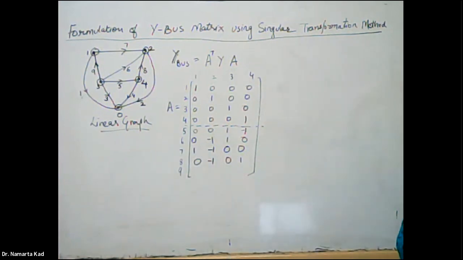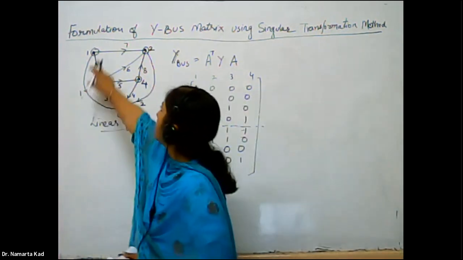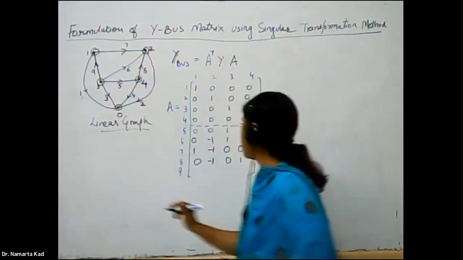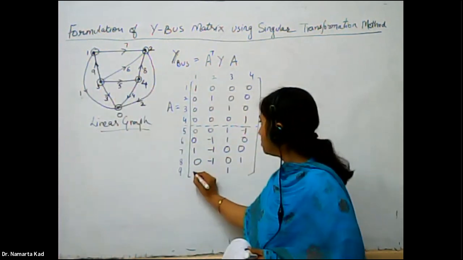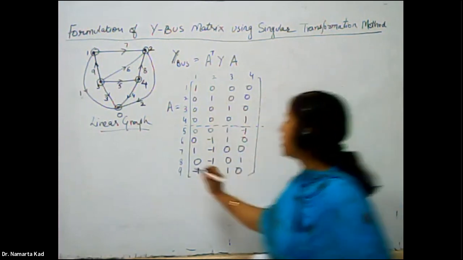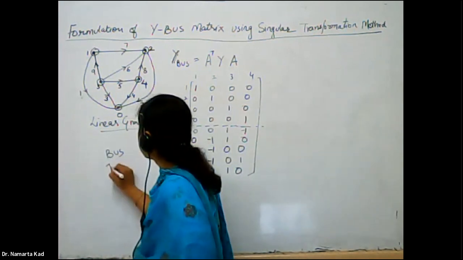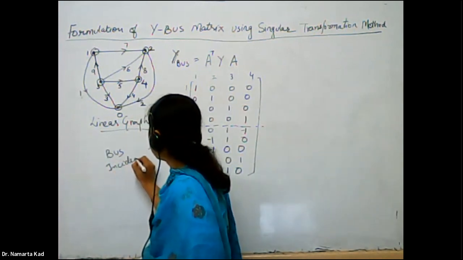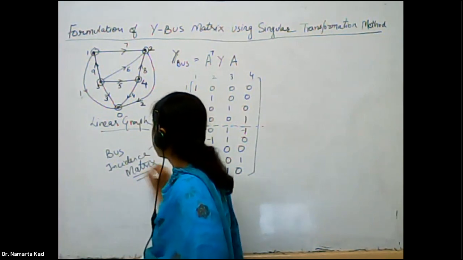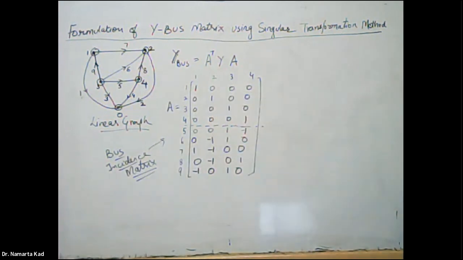Finally, element number 9 is connected between 1 and 3. Actually, it is V3 minus V1, so V3 is 1, V1 is minus 1, and here it is 0. So this is called the bus incidence matrix A.